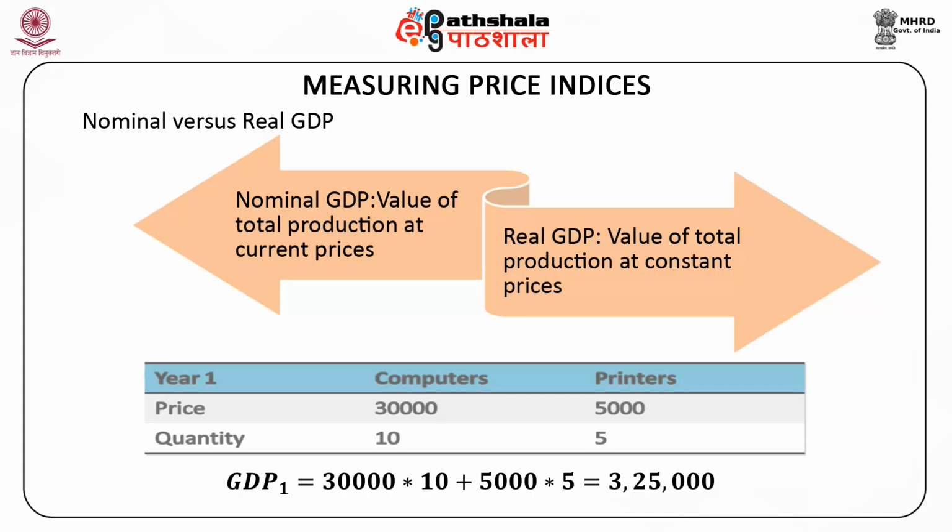In year 1, the economy produces 10 computers and 5 printers. Therefore, the GDP in year 1 will be equal to 30,000 multiplied by 10 plus 5,000 multiplied by 5, which is equal to 3 lakh plus 25,000 equal to 3 lakh 25,000.